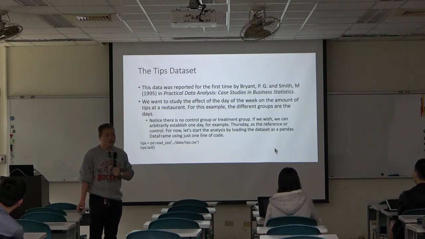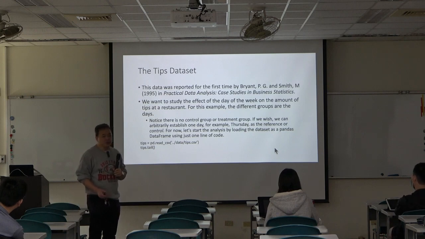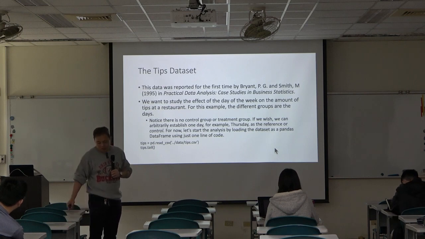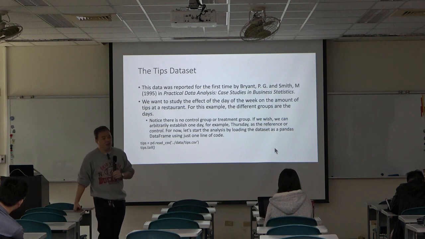Either the restaurant does not take tips and you just pay for whatever you order, or if the restaurant takes tips, they will add that percentage directly to your bill. For example, if you spend $100 for your meal, you will see the bill may be 110. The $10 represents the tips.